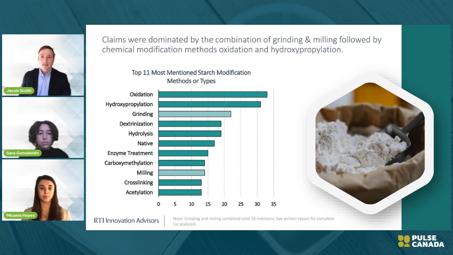And when we analyze this refined patent set for those application methods, what you'll notice, maybe not surprisingly, is that grinding and milling combined came up with the highest overall mentions within the claims of these patents and applications. And then modification methods were actually mentioned quite often, up to over 30 times for oxidation and hydroxypropylation within this data set.